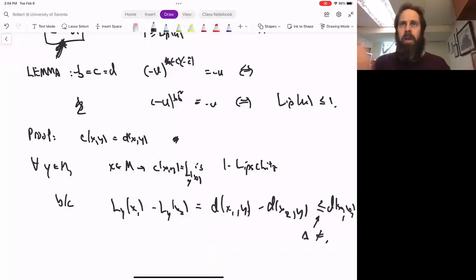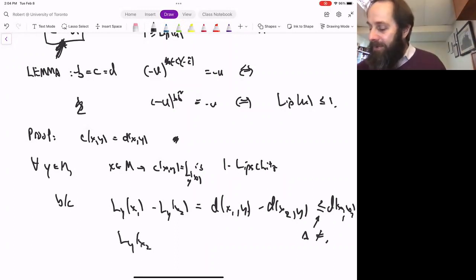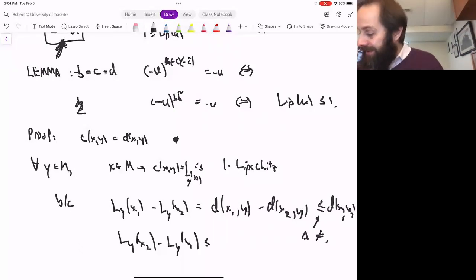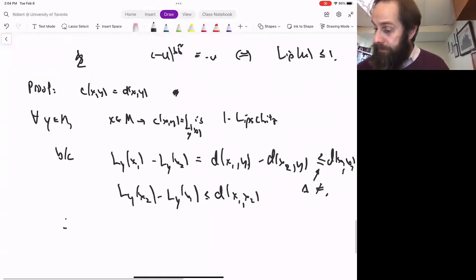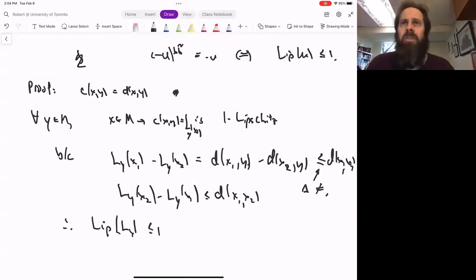And since X1 and X2 are arbitrary, I also have Ly of X2 minus Ly of X1 is also less than D of X1, X2 by the same argument. And that shows that L is 1 Lipschitz. So the cost is 1 Lipschitz as a function of its first argument. By symmetry, it's also 1 Lipschitz as a function of its second argument.